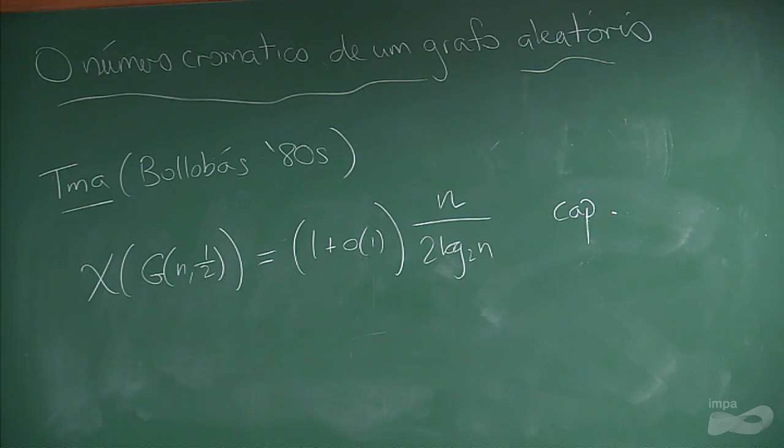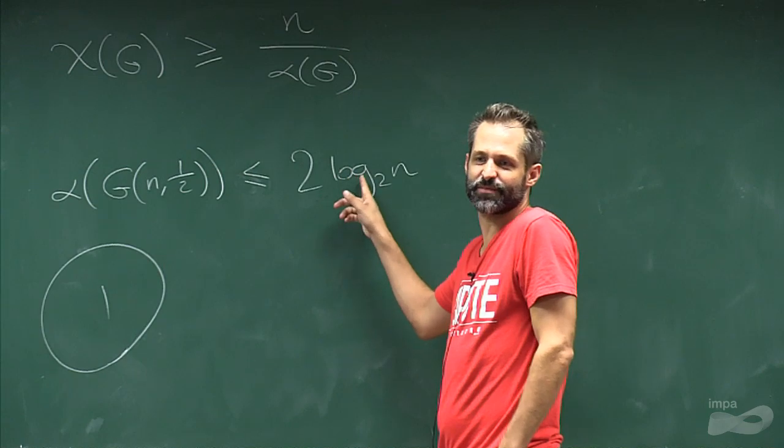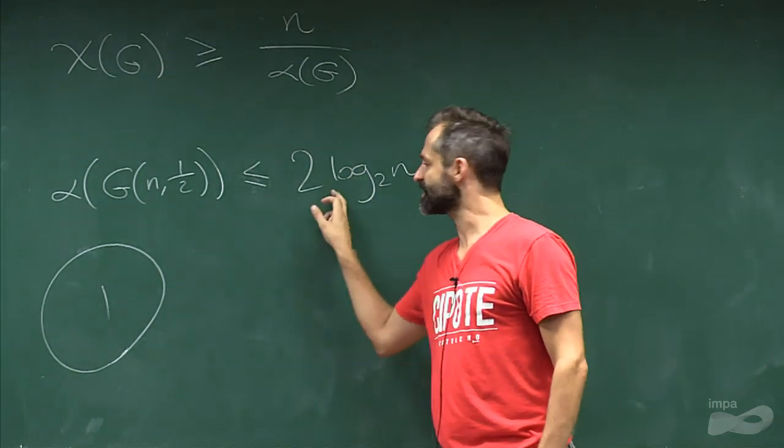So let's just try and do it greedily. Let's just choose the first color class, color class 1, and just make sure it's big. We need the average size to be roughly this.